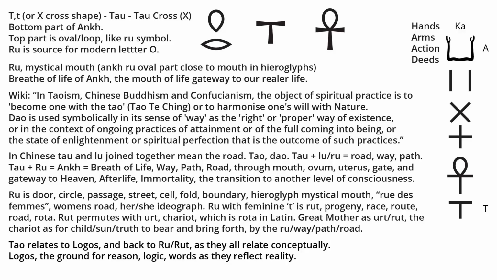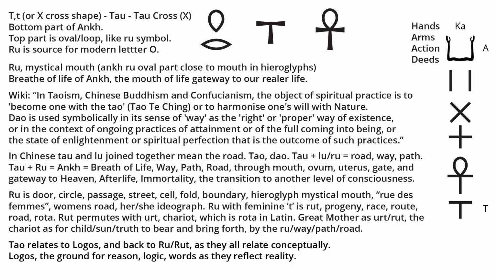So in Chinese, Tao and Lu joined together mean road. So Ta Lu or Tauru, because Tao and Dao means road. So Tao is used symbolically in its sense of way as the right or proper way of existence.